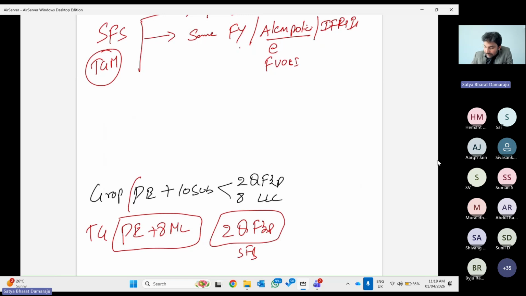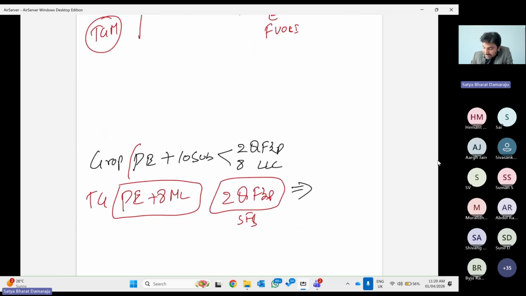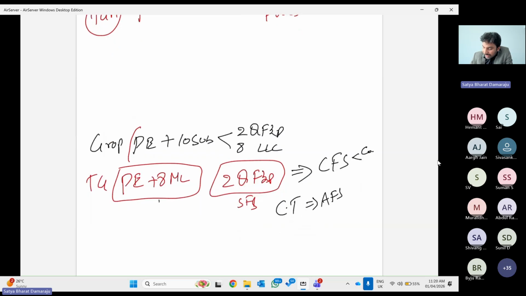Going forward, they may be preparing a CFS, consolidated financial statements, for the purpose of IFRS, for the sake of commercial companies law, or any other law, but for the corporate tax, they need to prepare the AFS. In AFS, they will include only the tax group members. They will not aggregate the non-tax group members.